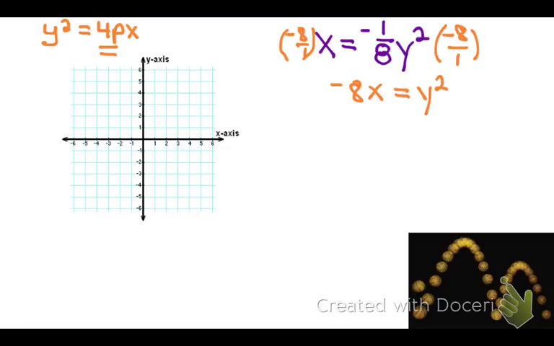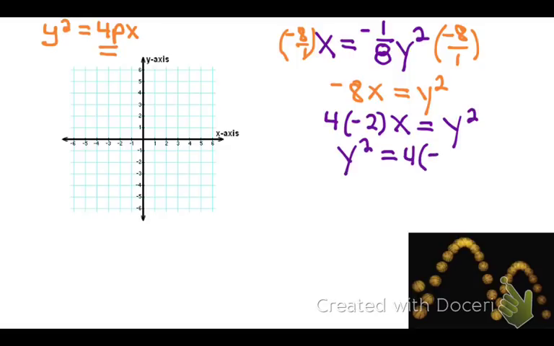I could say -8 is the same as 4 times -2, so -2x equals y squared. If I wanted to, I could write it this way: y squared equals 4 times -2x. Our p-value is -2, so that ordered pair is going to be (-2, 0).